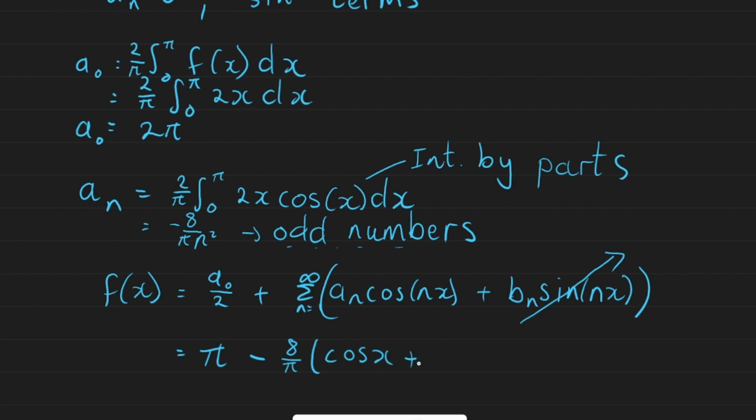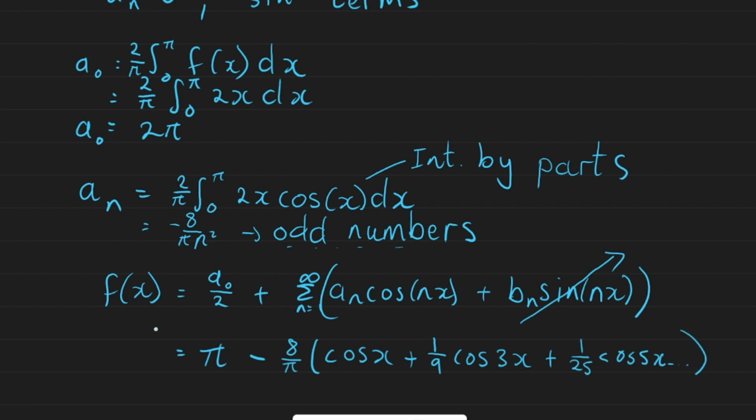So we have plus 1 over n squared, so it's 1 over 9, cos 3x, and then the next odd number is 5, so we have 1 over 5 squared, so that's 1 over 25. And then we have cos 5x, and so on.